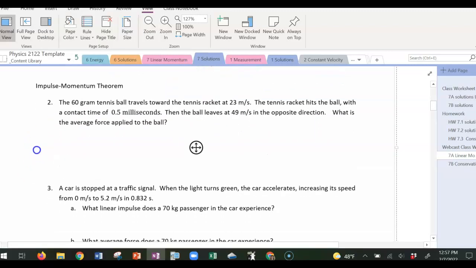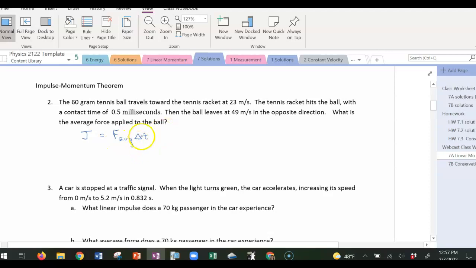Okay, let's do some problems with the impulse momentum theorem. This theorem tells us that an impulse, which is represented by J, equals the average net force multiplied by the elapsed time that that force is applied to the object.